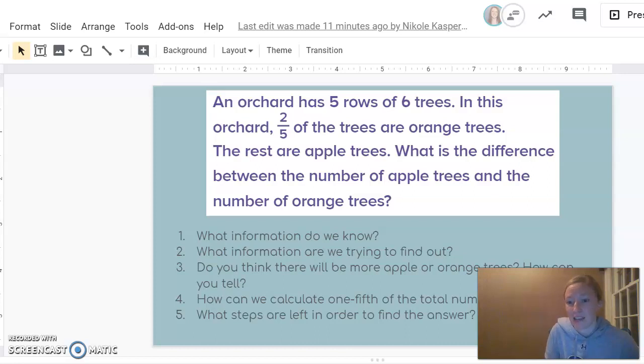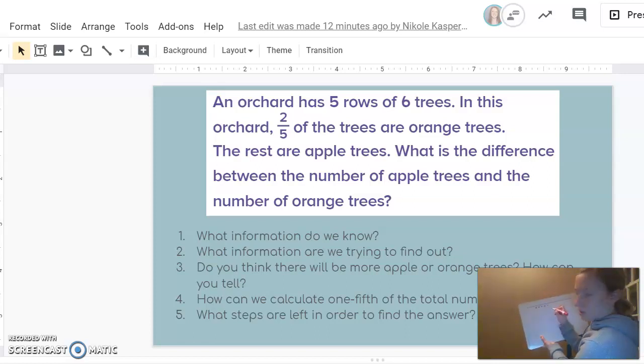It's kind of a lot to take in, but the first thing you're going to want to do is figure out how many trees are there total. So it says an orchard has 5 rows of 6 trees. Now this is where the area model comes in or the array. So 5 rows of 6 trees. You can either draw a picture, or some of you might already know, that just means multiplication. Okay? So 5 rows of 6 trees. So if you have 5 rows, 1, 2, 3, 4, 5.